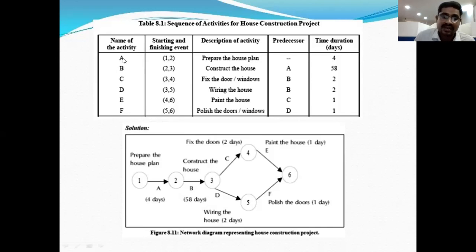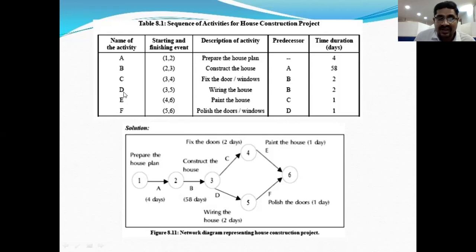A completed, then only B will perform, right? Suppose C activity, the preceding activity is B. That means once construct the house is completed, then we need to fix the doors and windows. That is the meaning of C's preceding activity.